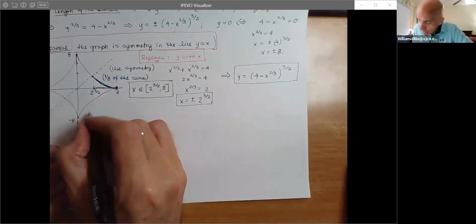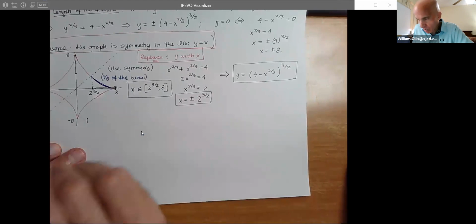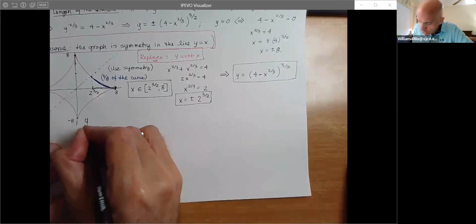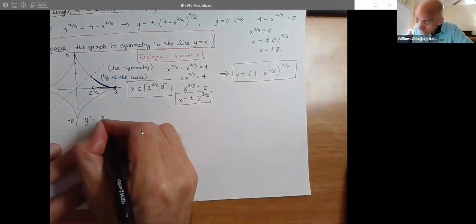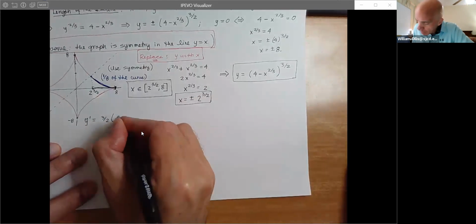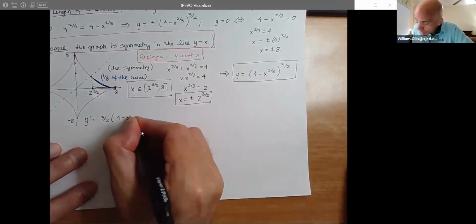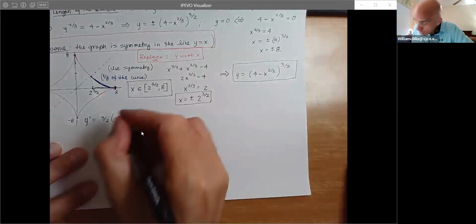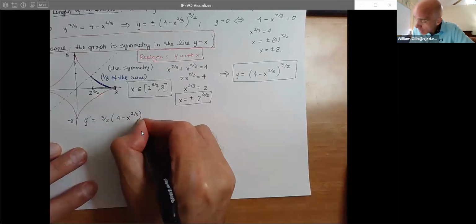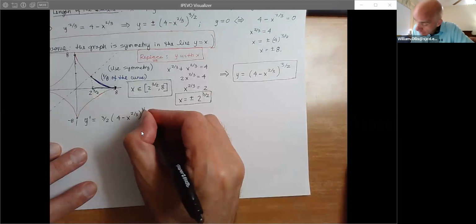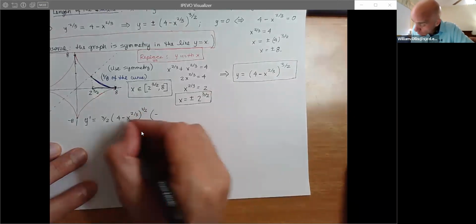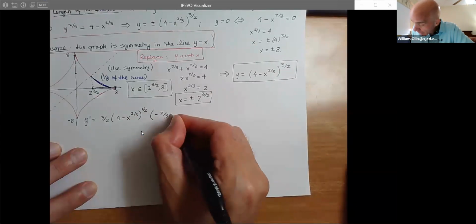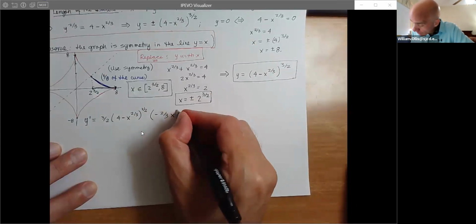So now, notice by definition, well, let's not be so quick here. Let's go ahead and build all of this. Let's do y prime. So we have 3/2 times 4 minus x to the 2/3. Subtract 1, we get a 1/2. And then we want to multiply by the derivative. So we get, net chain rule, negative 2/3 x to the negative 1/3.